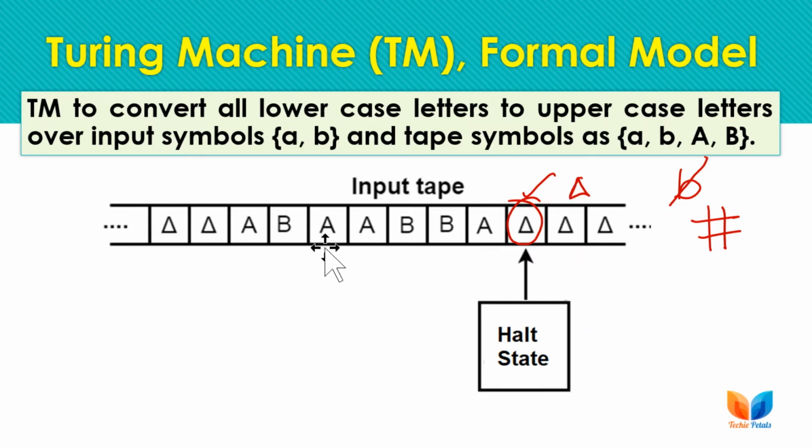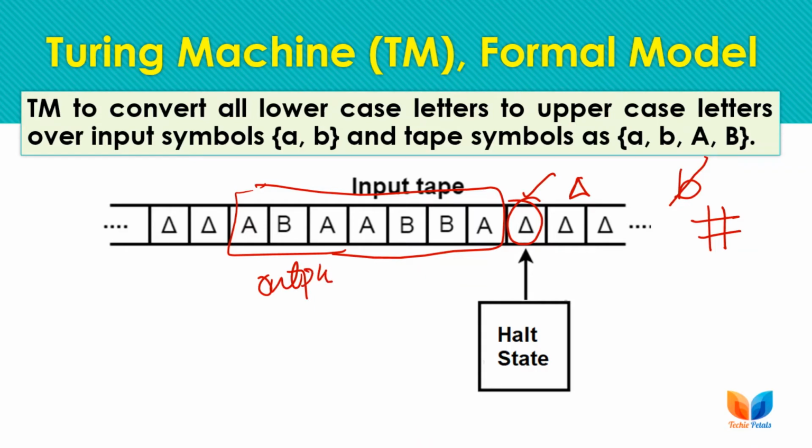Here, once the tape head is pointing to a blank symbol after the end of the input, that means we have converted the input symbols to capital letters and the input has ended. We have already read the last symbol and we are at the blank symbol. So this state means the string must now be accepted, and the remaining symbols on the tape are considered the output symbols.